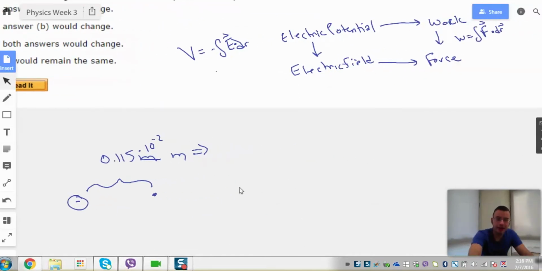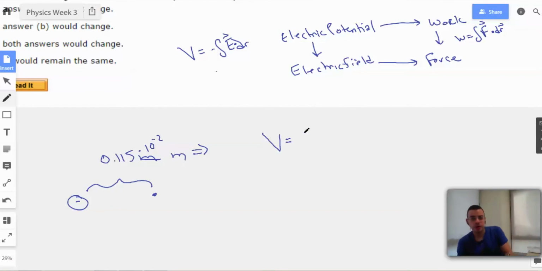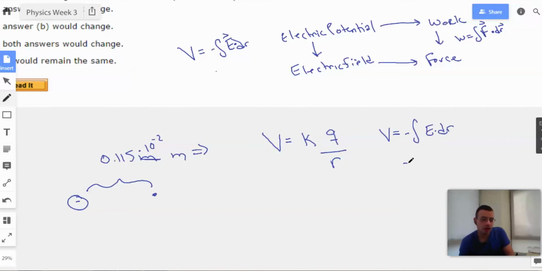So we have basically two formulas that we associate with voltage. You've probably already seen the equation kQ over r, specifically r, not r squared. You've probably also seen, and Parks already showed it to you, the integral of E dot dr. Well, this can also be rewritten as the integral of kQ over r squared dr, negative.